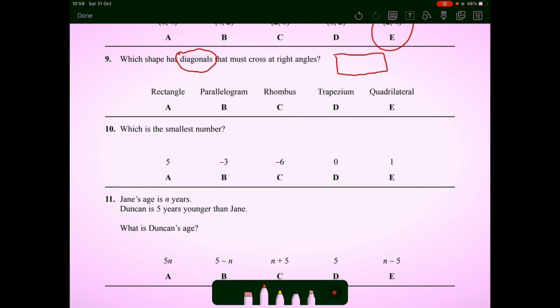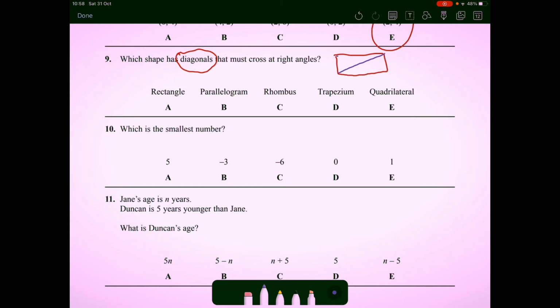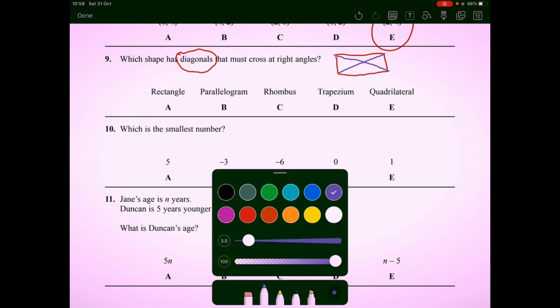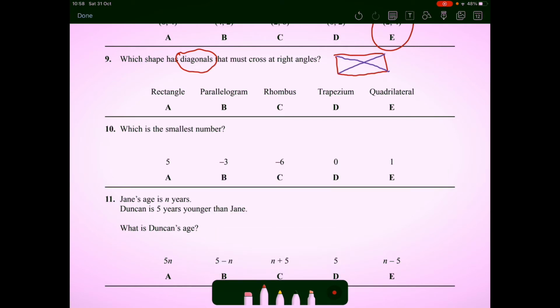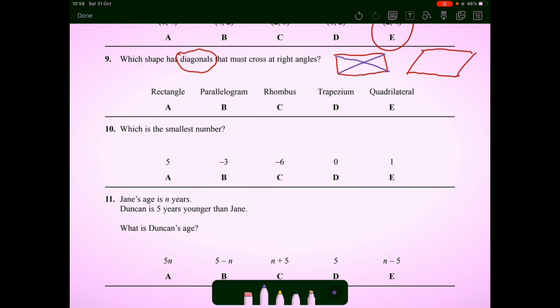If I draw a rectangle, the diagonals of a rectangle would be there and there. If I was to draw a parallelogram, which is like a knocked over rectangle, looks something like that, the diagonals of this shape would look something like that.